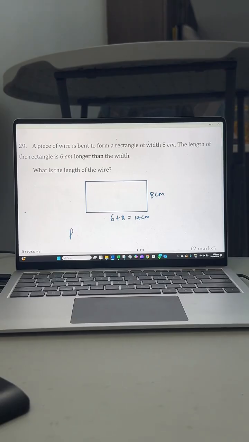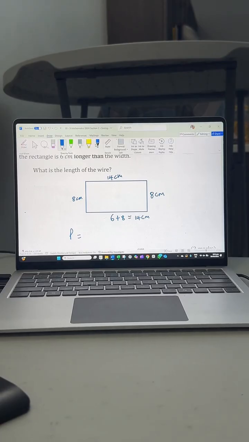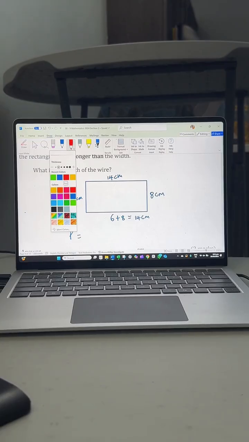So your perimeter would be equal to, what is the length of this side here? 8 centimeters. And what's the length on top there? 14 centimeters. What does perimeter mean? Perimeter means distance around a shape. If you didn't know, now you know.